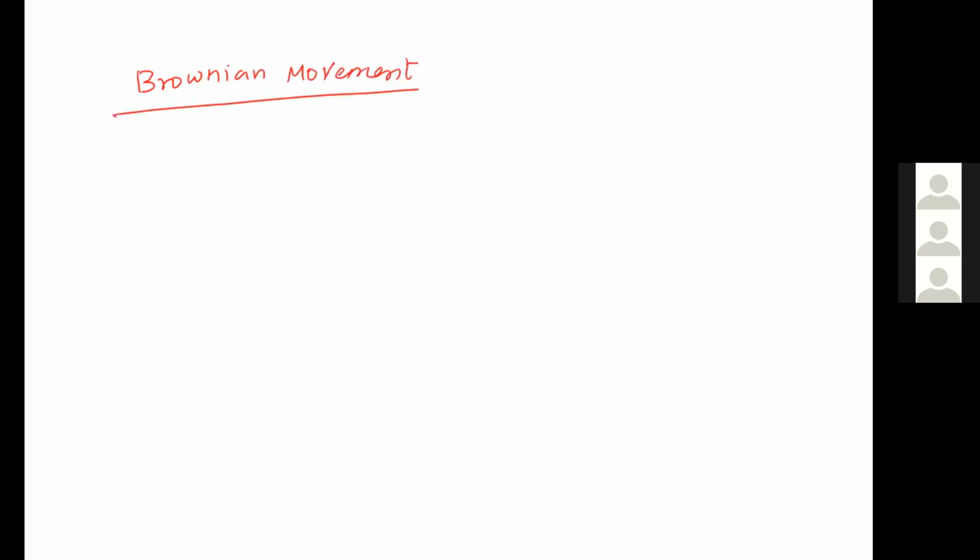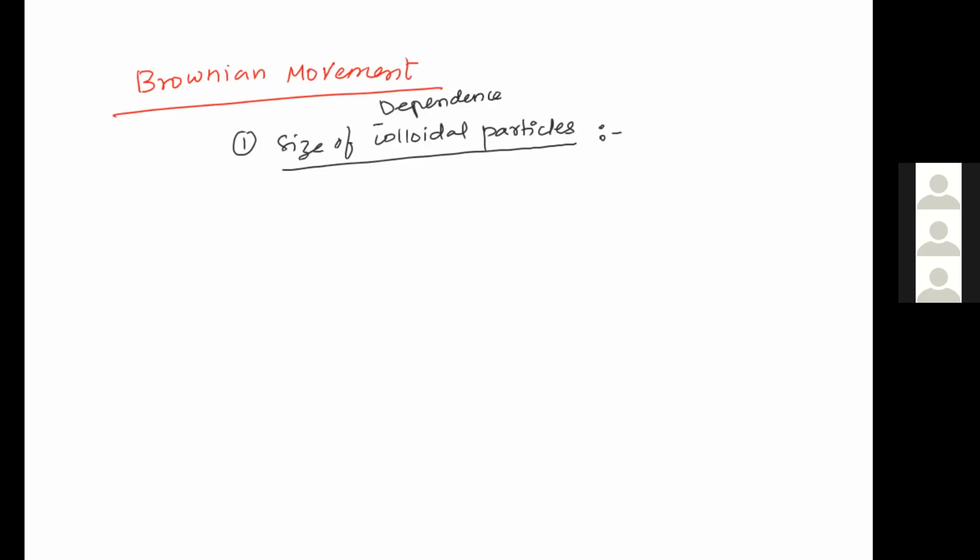What we have to write are the factors affecting Brownian movement. Size of colloidal particles: the mobility is inversely proportional to the size of the particles.